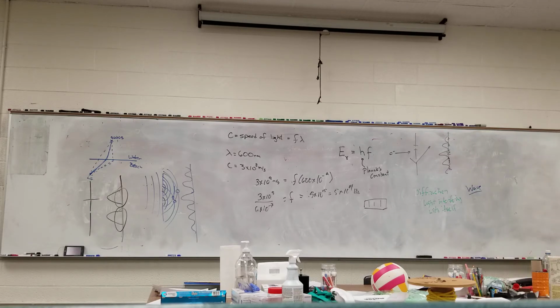Some of these numbers here bug me, I just don't know them all. 6 point something. Planck's constant, 6.63 times 10 to the negative 34th joule seconds.